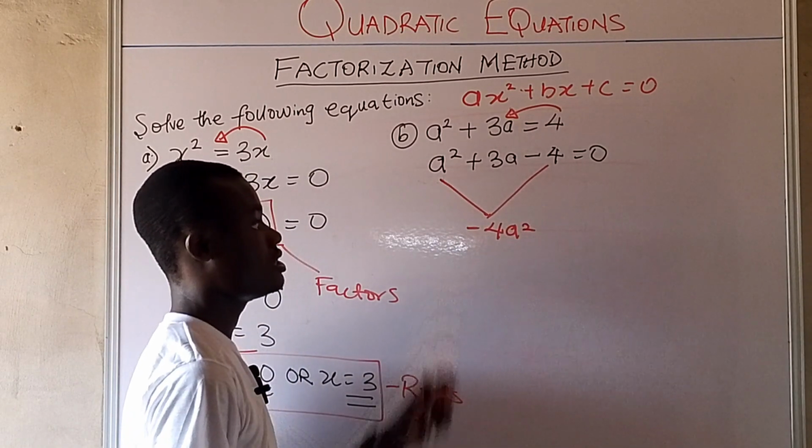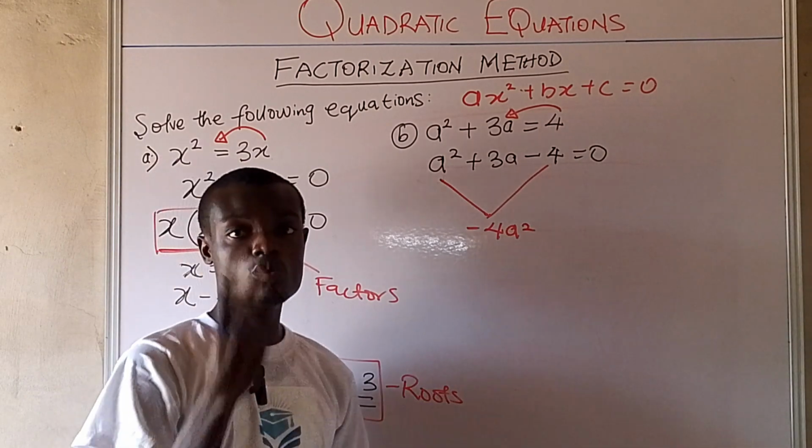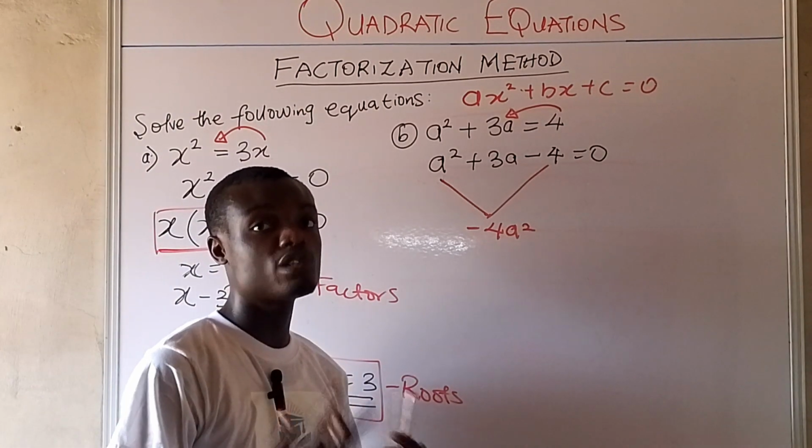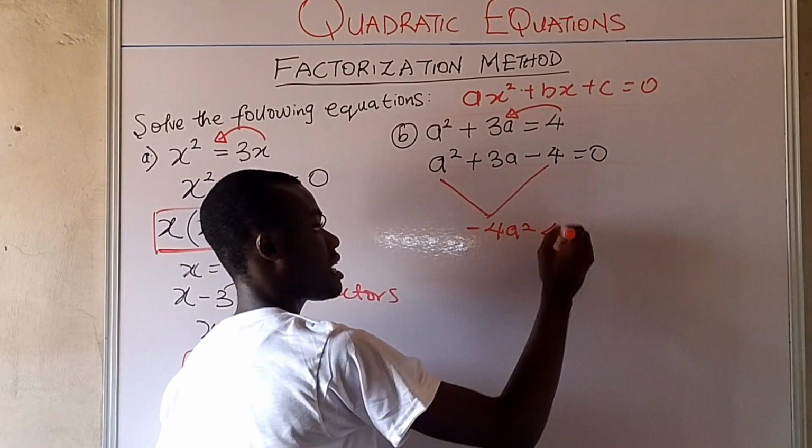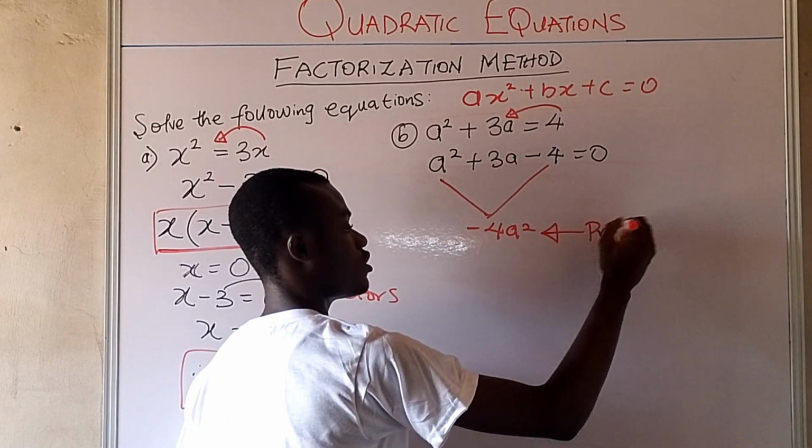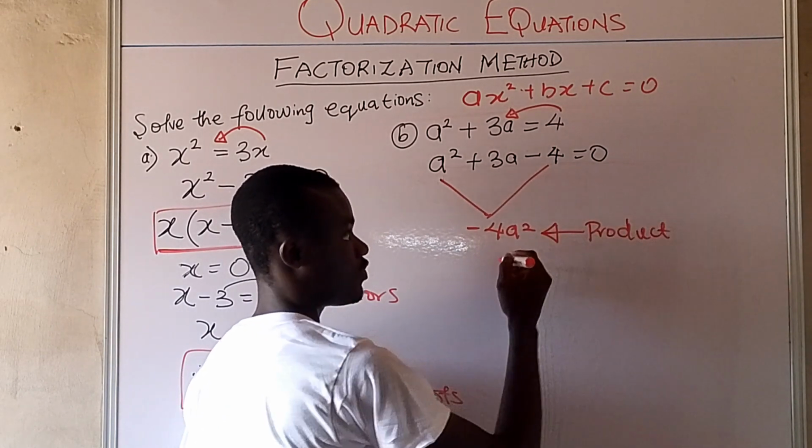So when we have done this, we will look for two numbers such that when we multiply them, as in their product, will give us minus 4a squared.